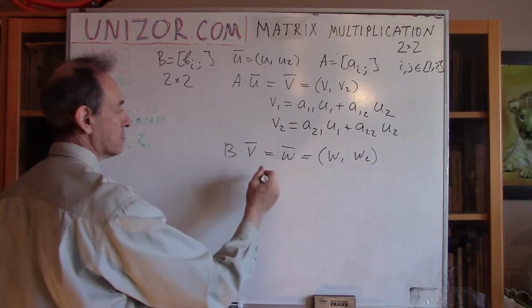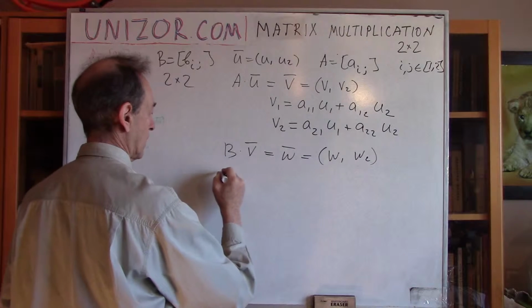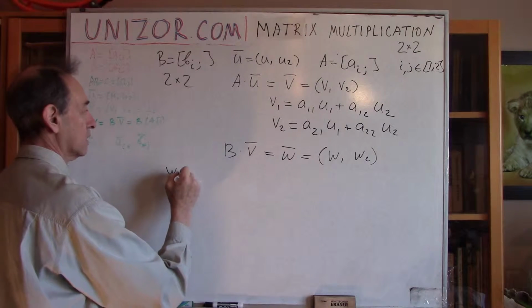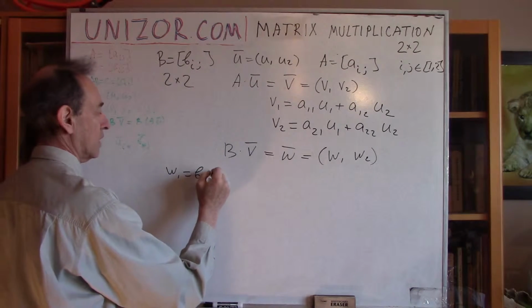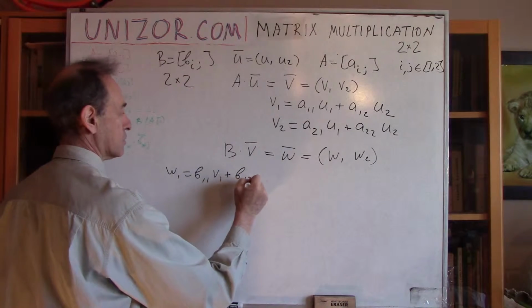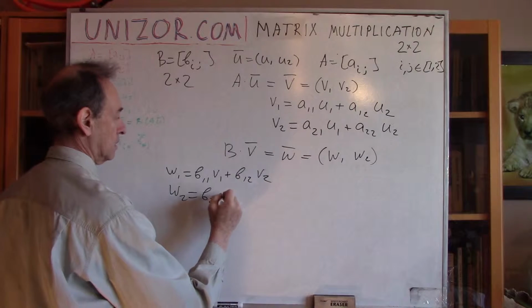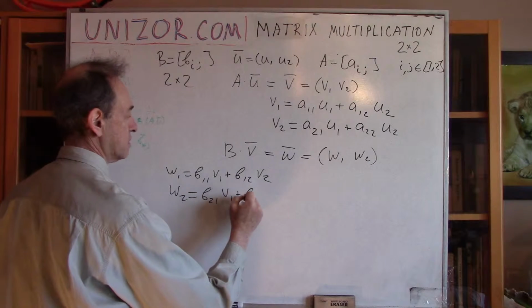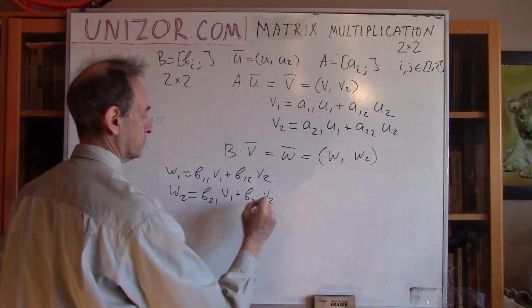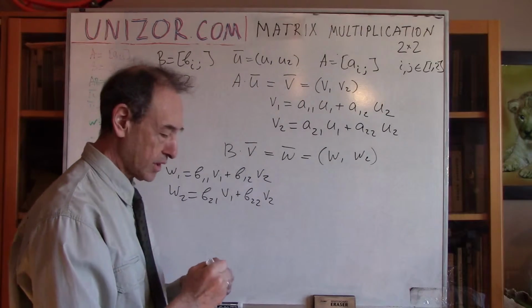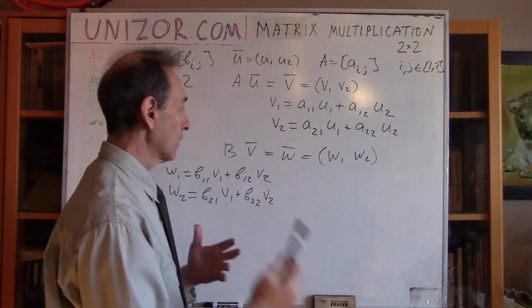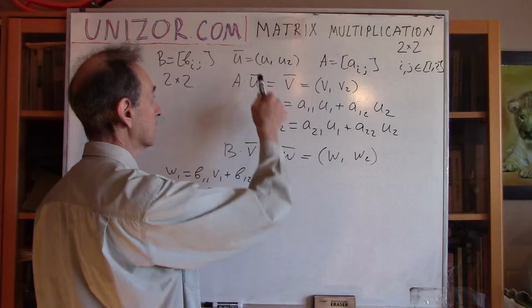Which is related similarly to the v. So w1 is equal to b11 v1 plus b12 v2, and w2 is b21 v1 plus b22 v2. Now, what I was talking about before is a relationship between w and u.